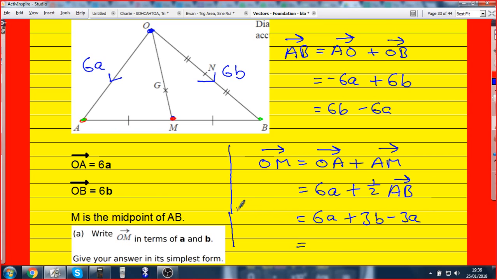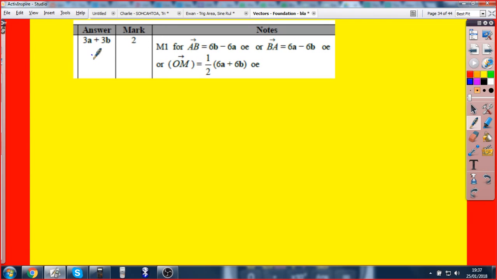Well, you could just do 6A minus 3A, which is 3A, plus 3B. That's it. 3A plus 3B.